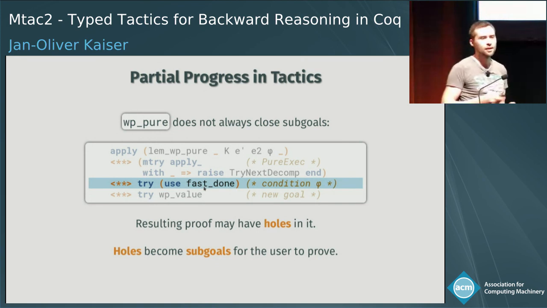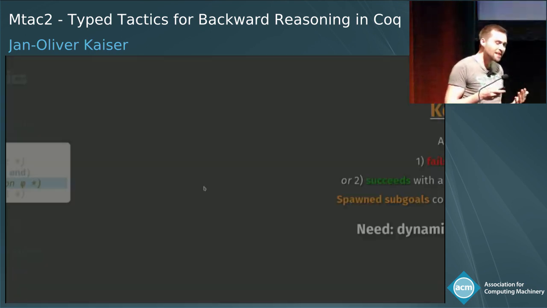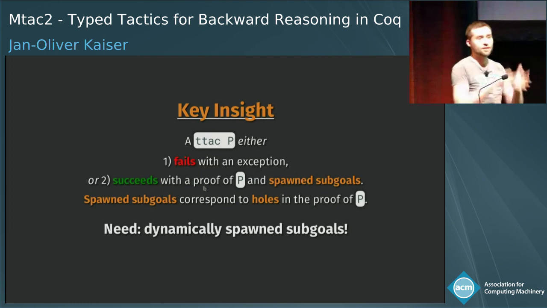It may or may not be closed, and the success of WP pure should not depend on whether or not that goal is closed. And what that means in terms of the proof term is that the proof term has holes in it, and these holes correspond to sub-goals that follow-up tactics can then solve, or that are then given to the user to solve. Okay, so what we get from this is that we need a slightly different semantics for these tactics, right?